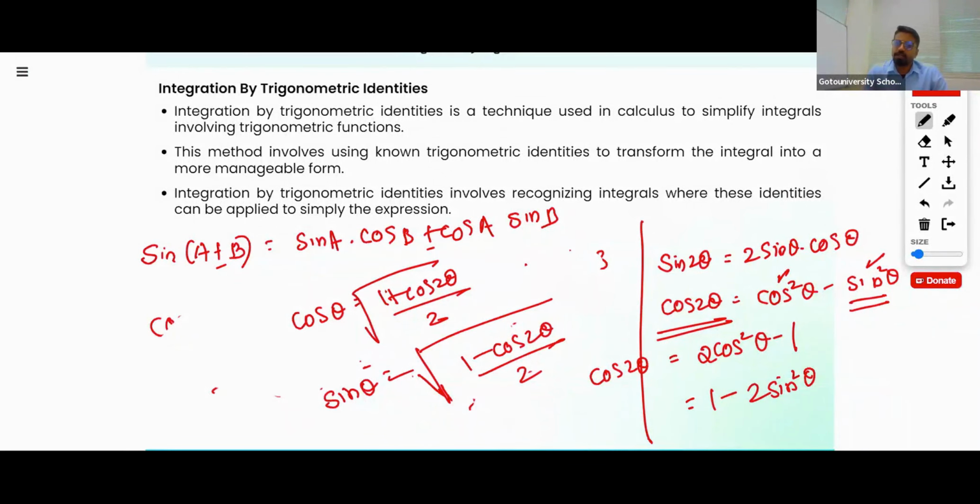It's a very interesting formula with multiple uses and versatile applications. Now, by replacing 2 theta by theta and theta by theta by 2, we can think about the half angle formula as well. Whenever it is required, we can use them. For now, this much is enough.